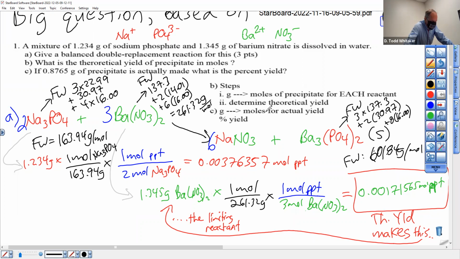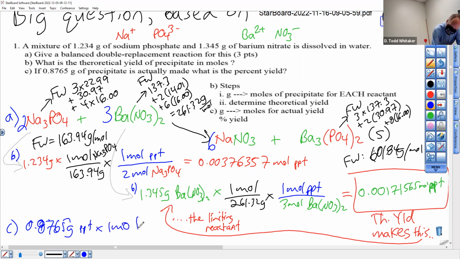Now, we're going to go grams to moles for actual yield. So I got grams. I'm going to take that and go to moles. So B was down here. It started right here. Continued here. C, I'm going to take my 0.8765 grams PPT times 1 mole for every 601.84 grams.